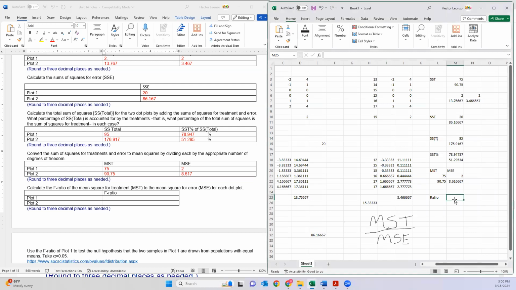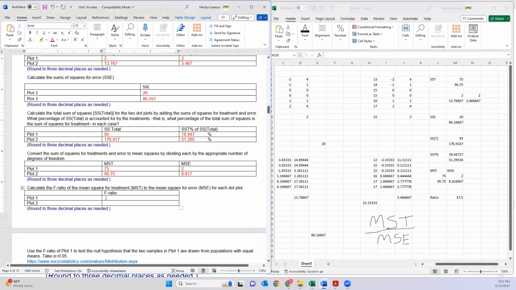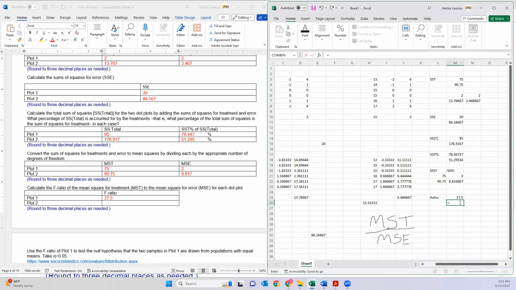So for plot one, let me go equals. Remember the MST for plot one was 75? Let me divide this by the MSE, which is 2. So my ratio is going to be 37.5. Now plot 2, I'm going to go equals.